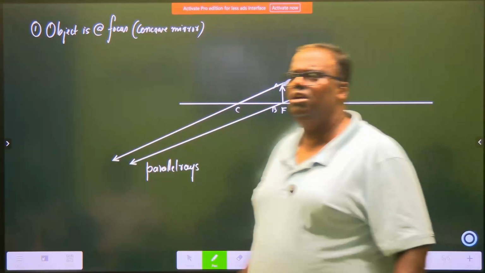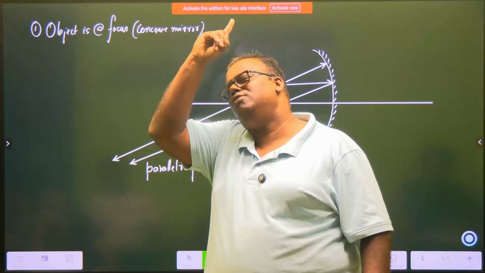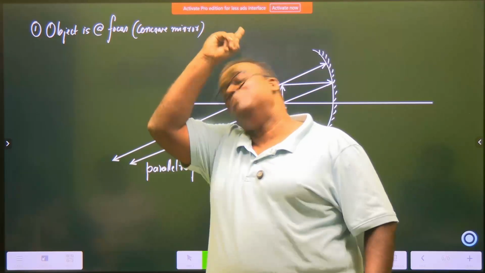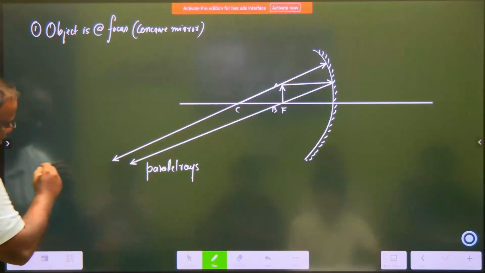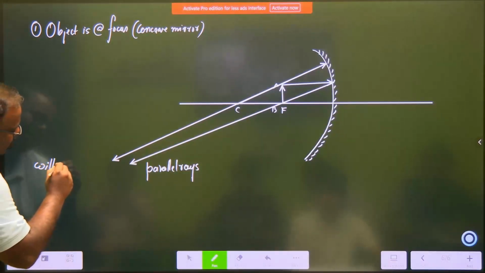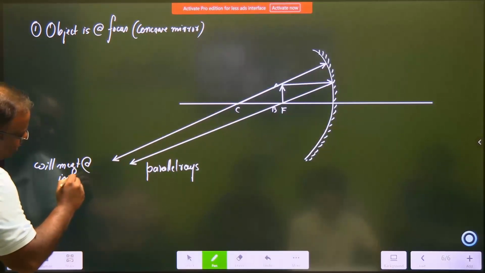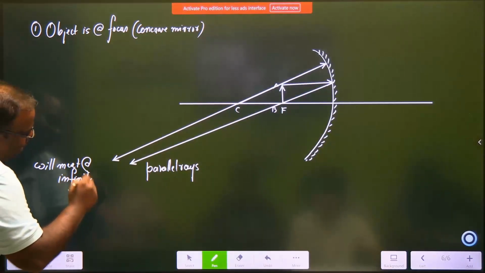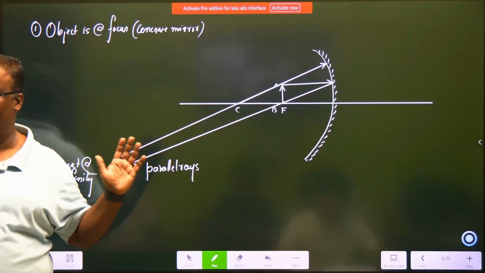But we say, someday my child will become good, someday I will lose weight. When? Someday. And that someday, we say, will meet at infinity. Parallel rays will meet, but where? At infinity. Right?